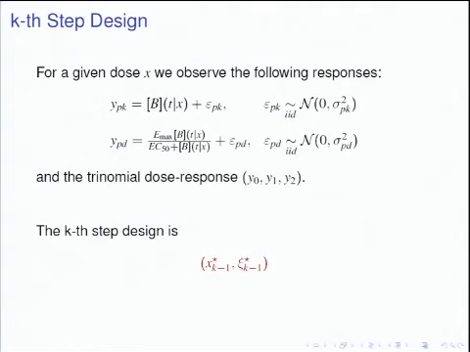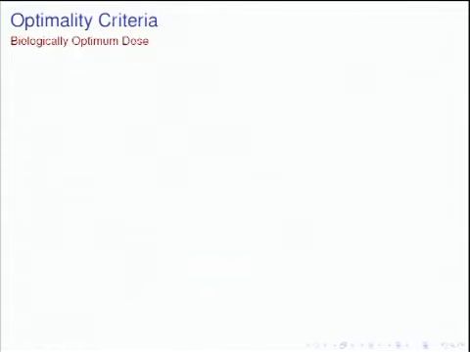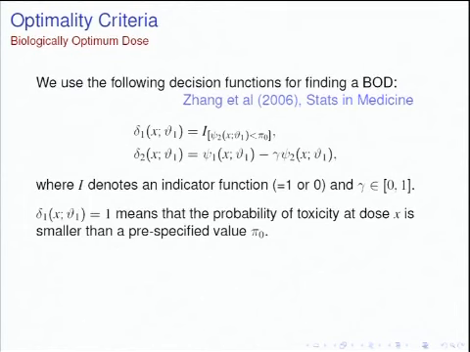Here you have these stars. Why do we have stars? Because at each step we choose these values in some optimum way. So what are these optimality criteria? Simply, we take psi1 and take the dose which maximizes psi1.